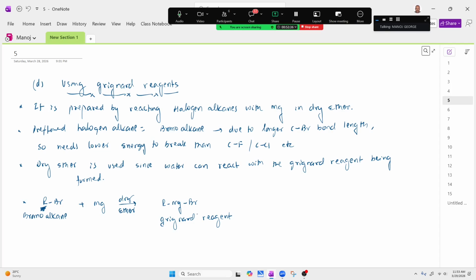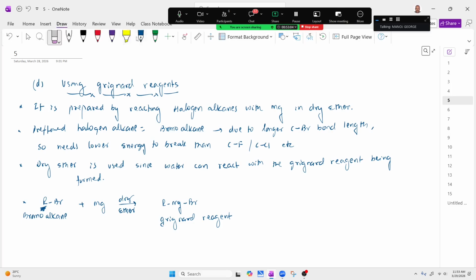Now I'm going to show you what reactions it does. Then I'm going to show you examples under each category. So far, everyone is okay? Like you got the idea what is Grignard reagent? How does it work? So I'm just going to write this as RMgBr. I don't have to put the dashes in between, but just to give you an outline of how this is made.